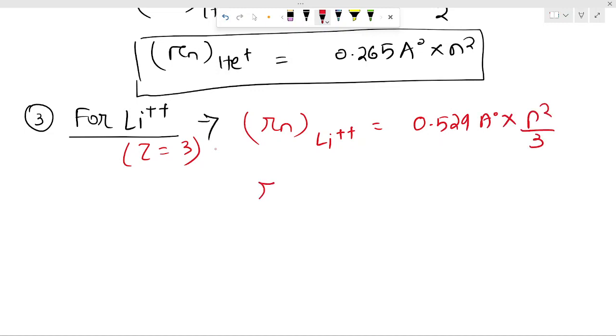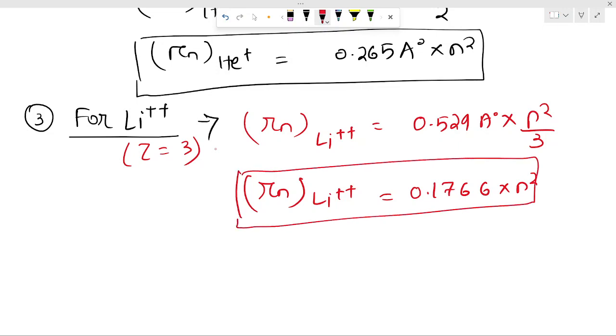By calculation, you can get lithium 2 plus Rn equal to 0.1766 into n square. You can calculate the value of r for different orbits also.